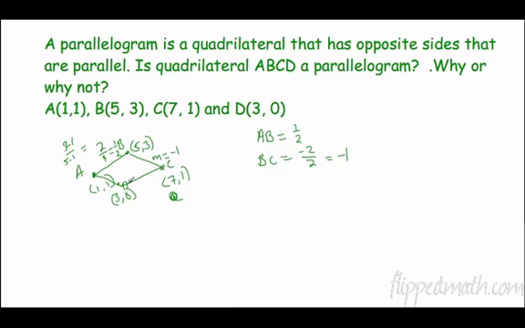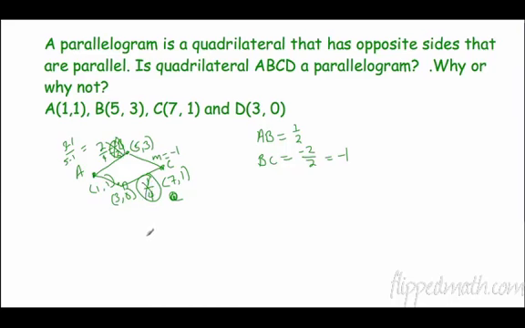So if this is a parallelogram, this should be 1/2, right? All right, let's see. 1 minus 0 is 1. 7 minus 3 is 4. Well, that's 1/4, right? 1/4 is not what we wanted. Since 1/4 and 1/2 are not the same, is this a parallelogram?